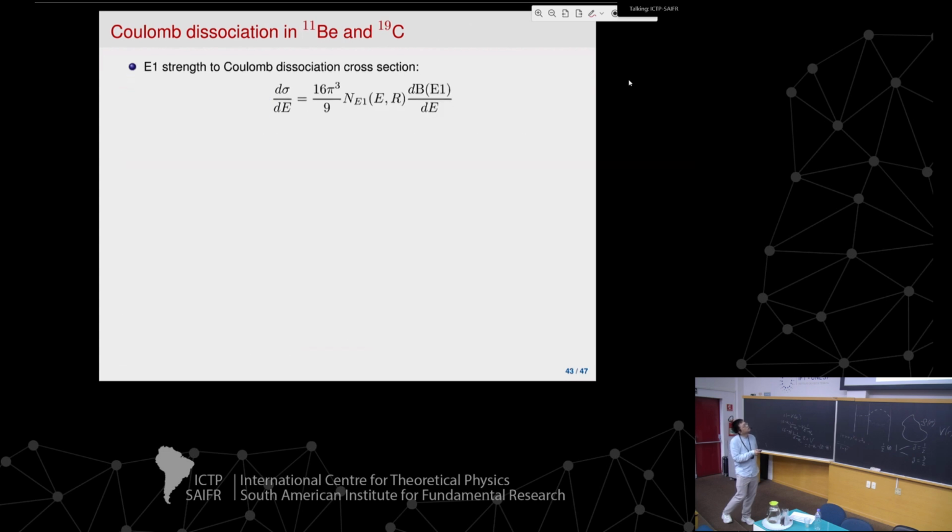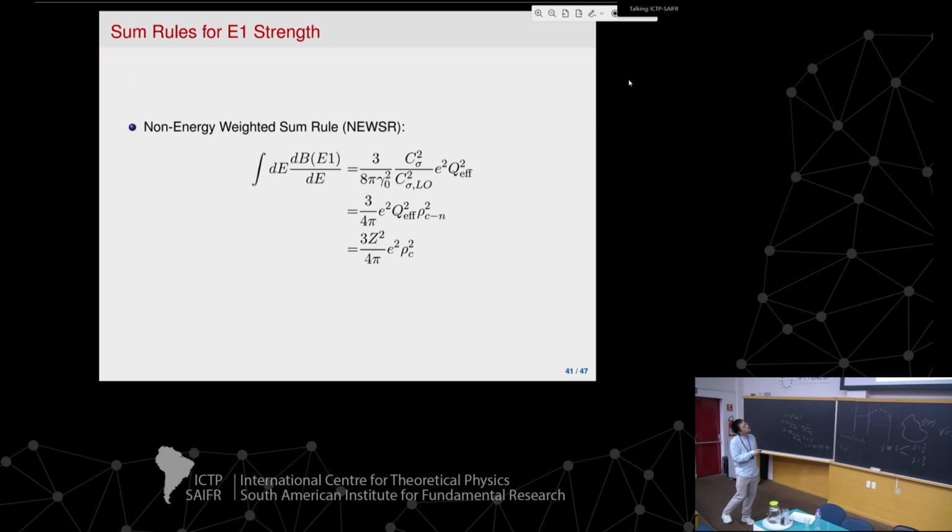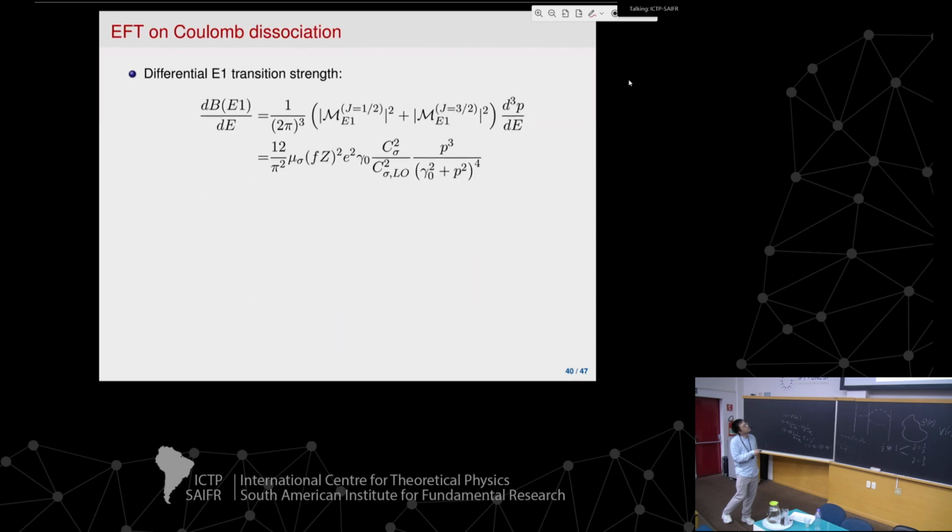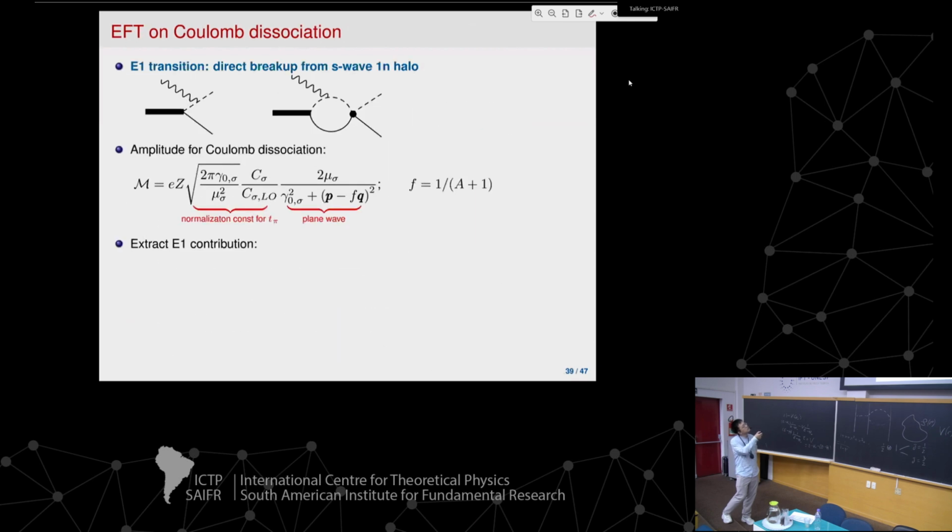So this part is the final state interaction, coming in at next-to-leading order. But it does not play any role if the ground state is a P-wave state, right? I think it comes in for that part.